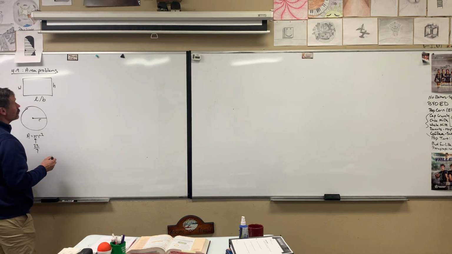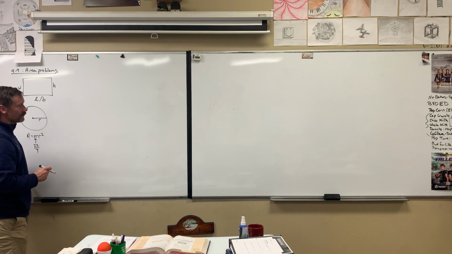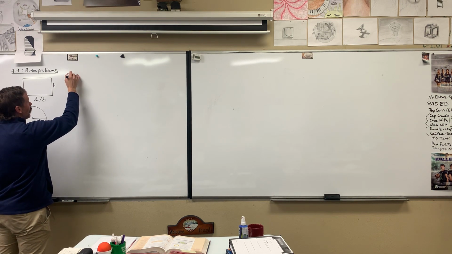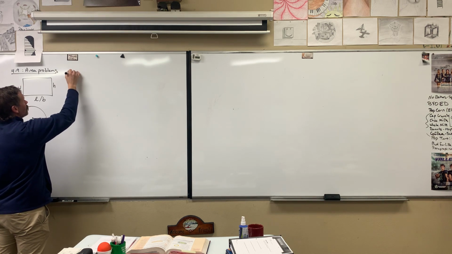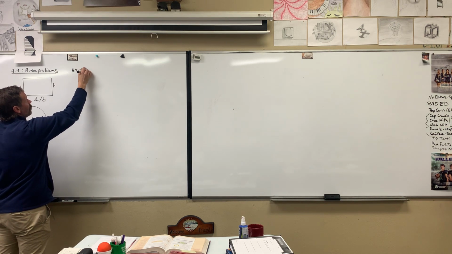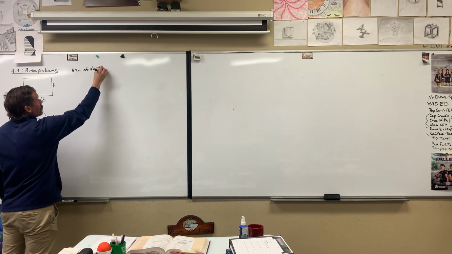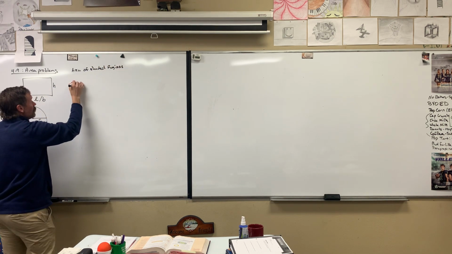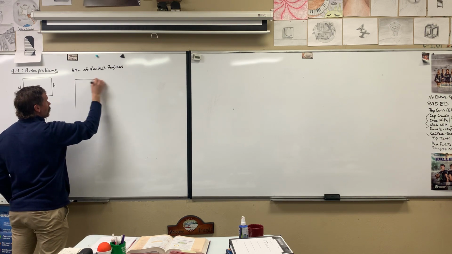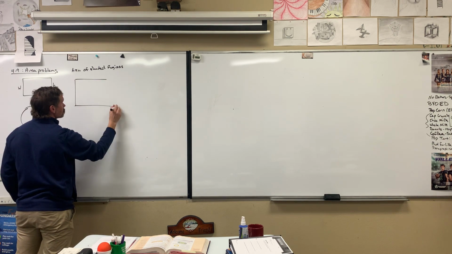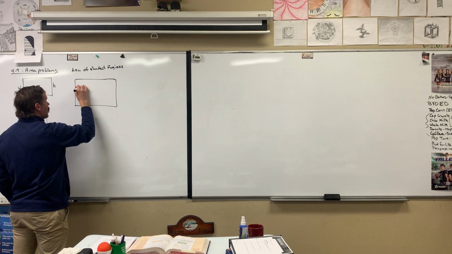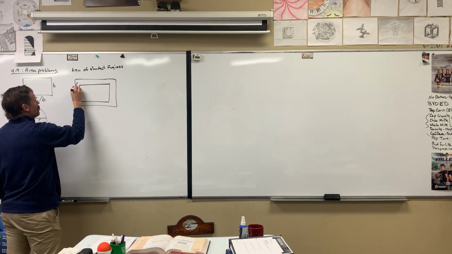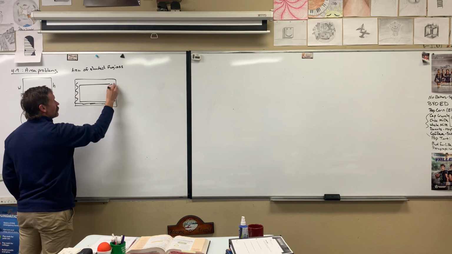So in area problems, we have this area of shaded regions. You don't have to follow this model, but if you have a rectangle that looks like this, and then you have a rectangle that looks like this, and you have this shaded region like this.